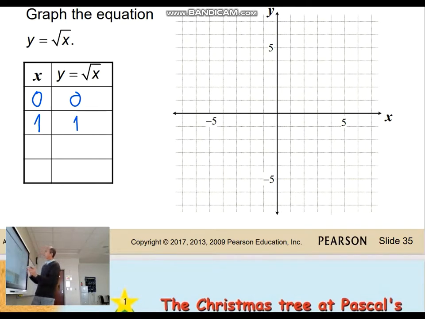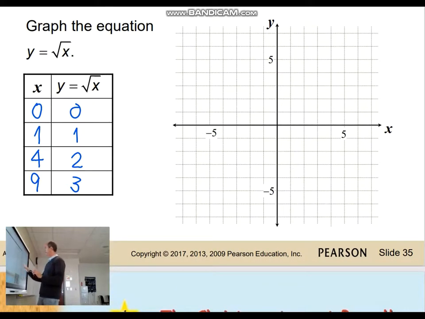Let's find another number that has a known square root. So 4, square root of 4 is 2, and another number 9, because square root of 9 equals 3. Now we have a few ordered pairs.